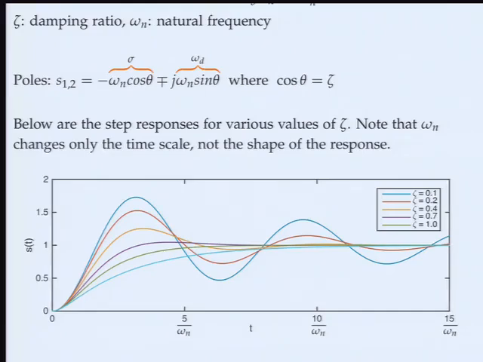Zeta is called the damping ratio, so small zeta means small damping. That's why a poorly damped system will have oscillations before it settles down. A well-damped system, where zeta is high, close to 1, will not oscillate. It will converge monotonically.